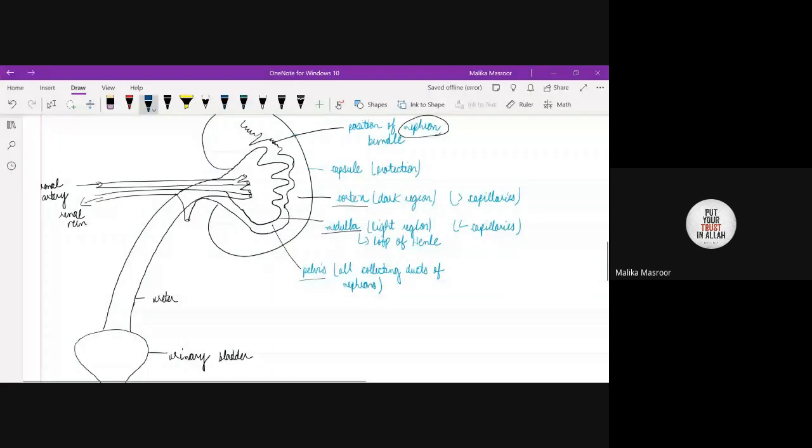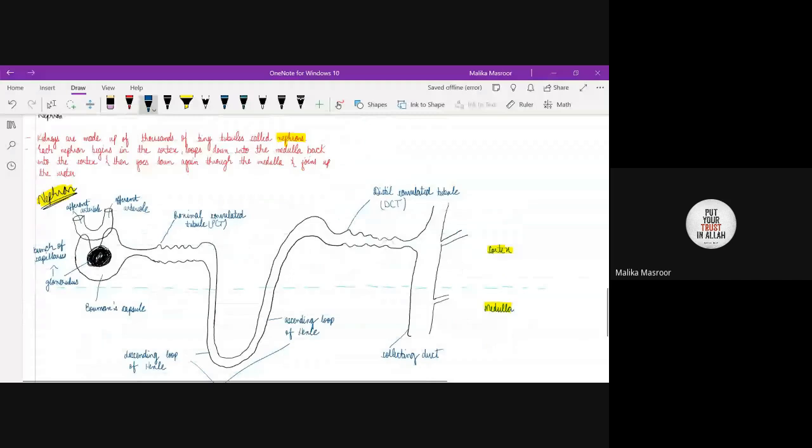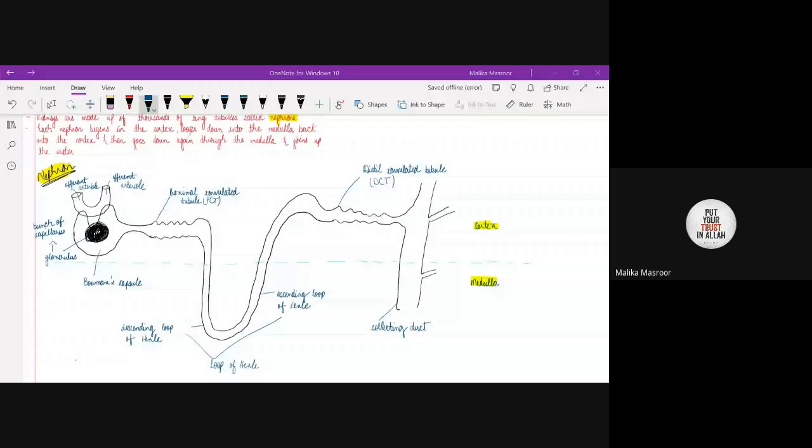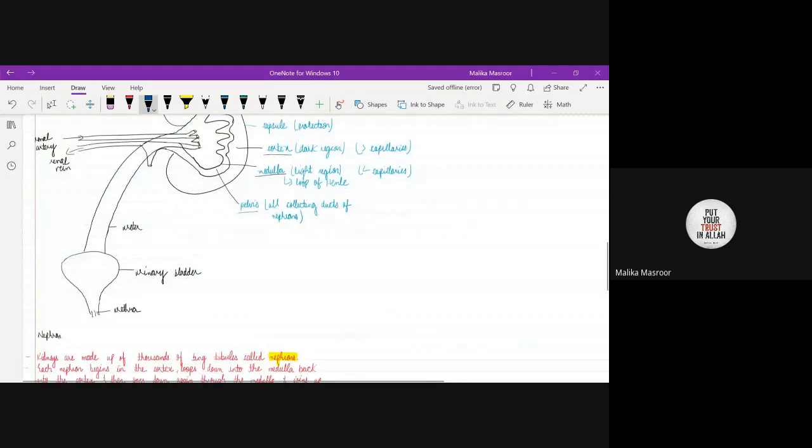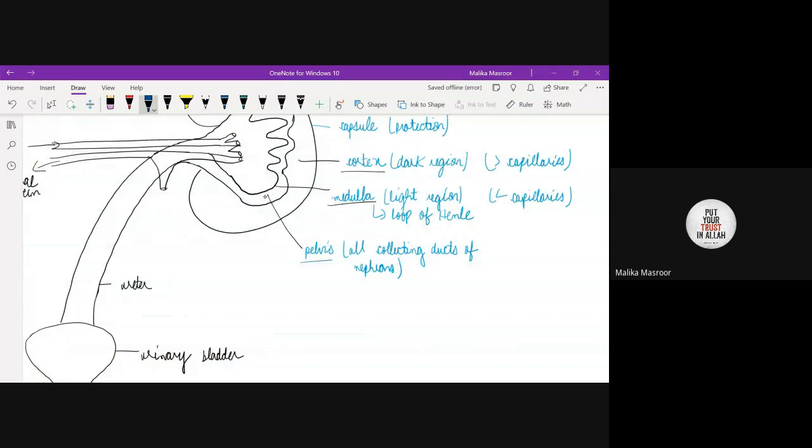Is the structure of kidney and nephron clear? We will talk about what happens at each point, but is the structure clear? Yes, ma'am. Miss, the collecting duct enters the pelvis? Yes, all of the collecting ducts of all the nephrons enter the pelvis, and then together they enter the ureter.